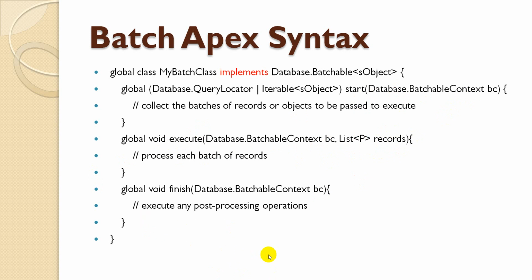So the finish part executes any post processing, like if you want to send an email to the owner of the records, they can get an email after finishing. The finish method executes only once, but the execute method repeats many times.